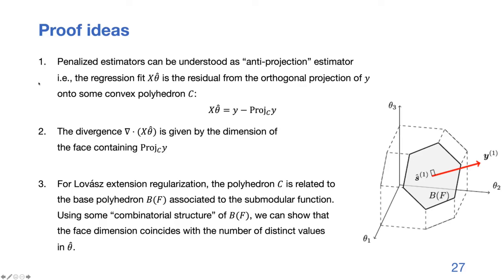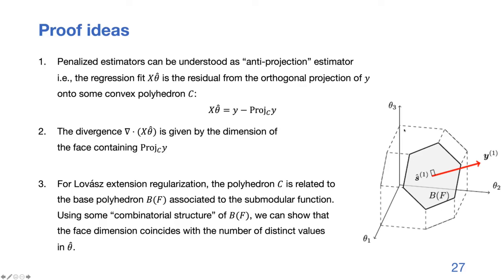That means the regression fit X theta hat is the residual from the orthogonal projection of y onto some convex polyhedron C, like this. And the second step is that the divergence of X theta hat is given by the dimensionality of the face containing the projected point.